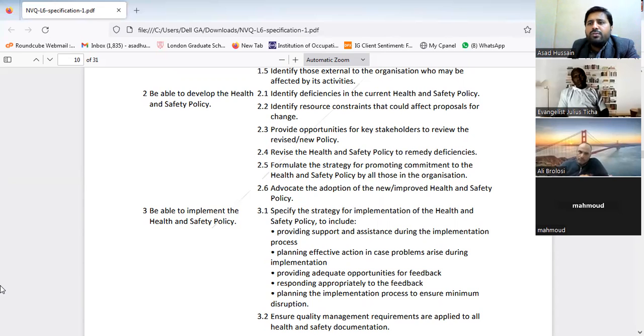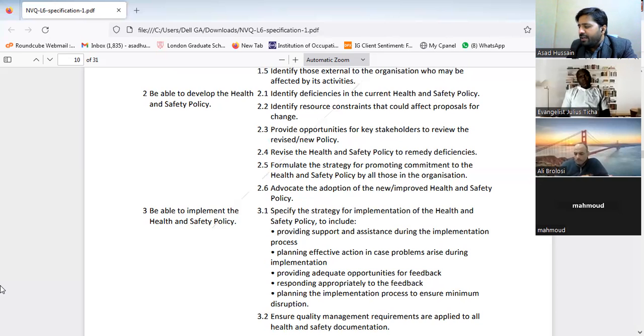As all of you know very well, development of the health and safety policy is a responsibility of top management. So for that purpose, the top management has to perform. Okay. Now the first one is 2.1, identify deficiencies in the current health and safety policy.